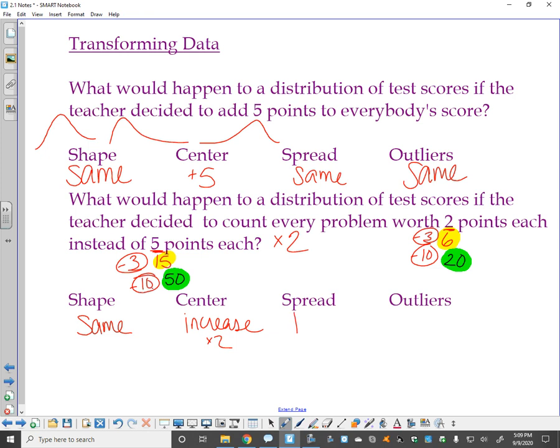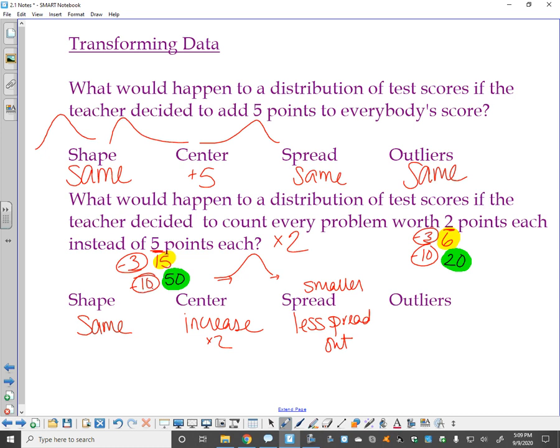The spread is going to be less spread out. So the spread is going to get smaller. Again, think about it. If you take your distribution, even if you were left skewed, these are going to only move up a little bit. These are going to move up a lot.